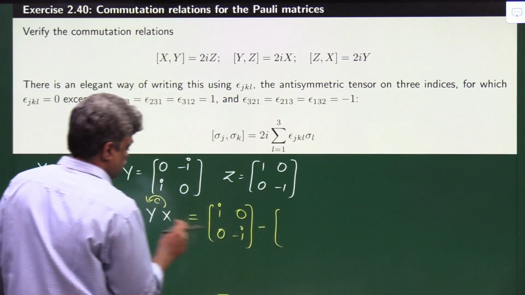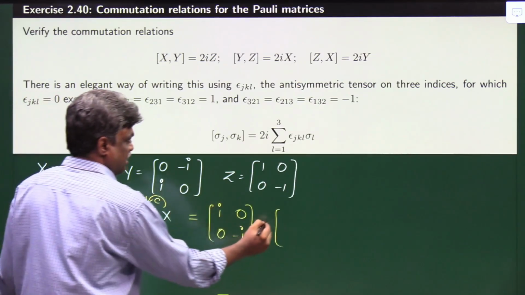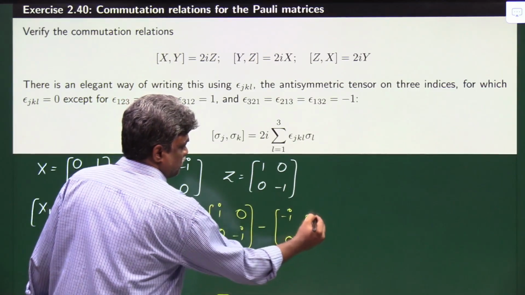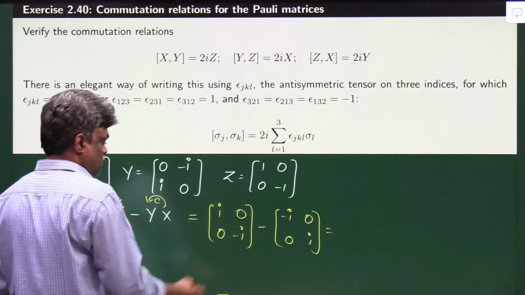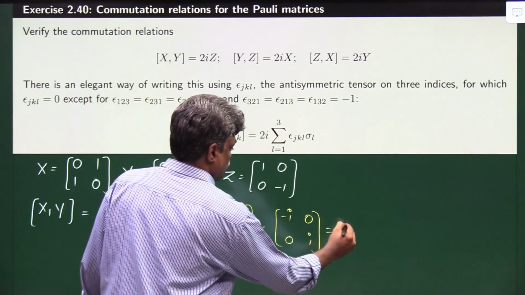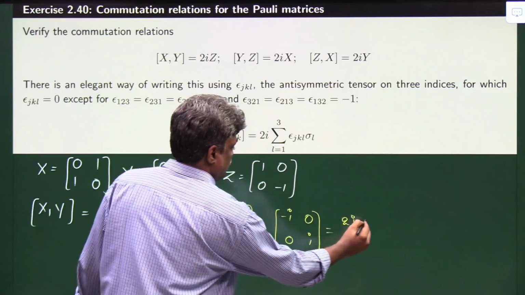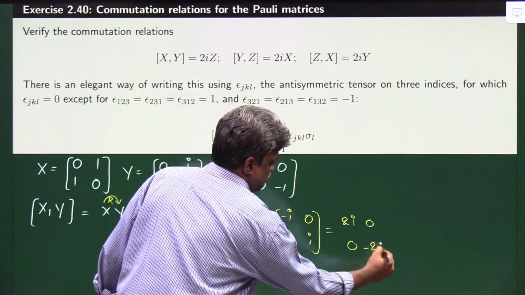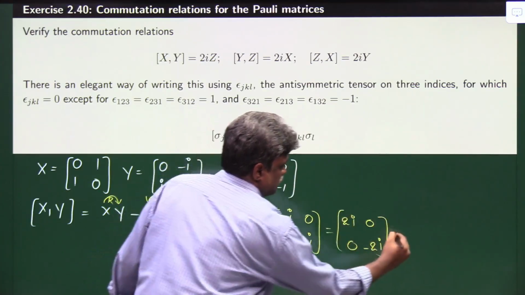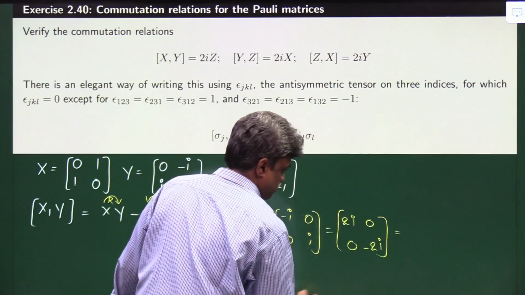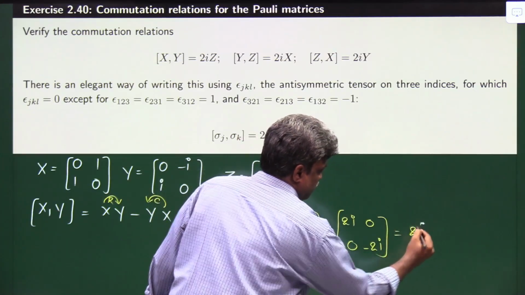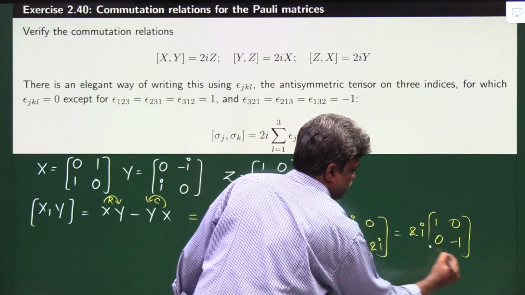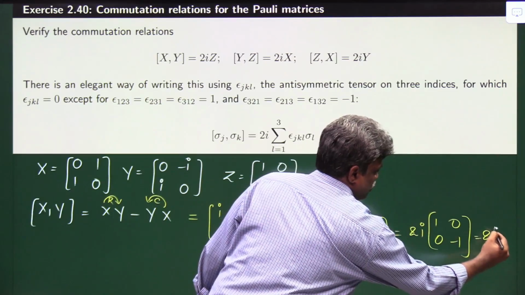Changing the columns of Y gives minus iota 0, 0 iota. And if you just subtract, you will get 2 iota, 0, 0, and minus 2 iota, which is nothing but 2 iota times 1, 0, 0, minus 1, which is the Pauli Z matrix. So 2 iota Z.